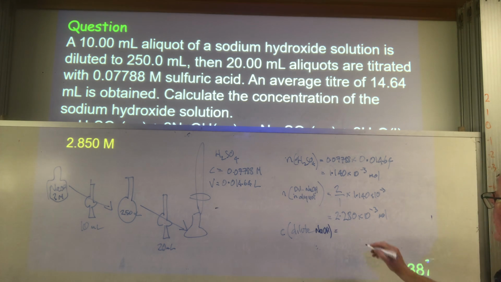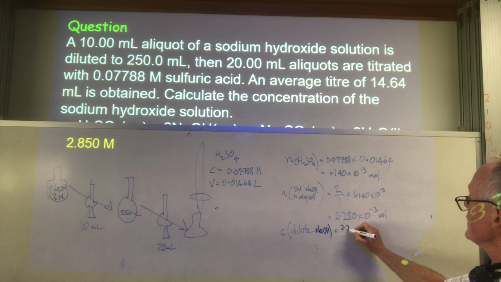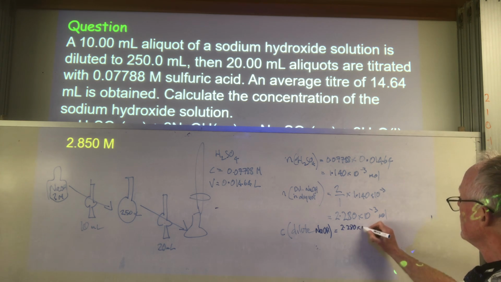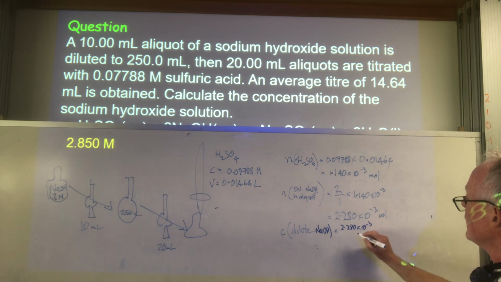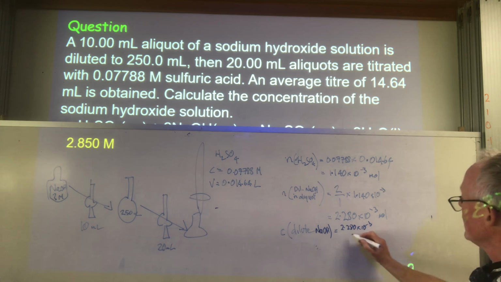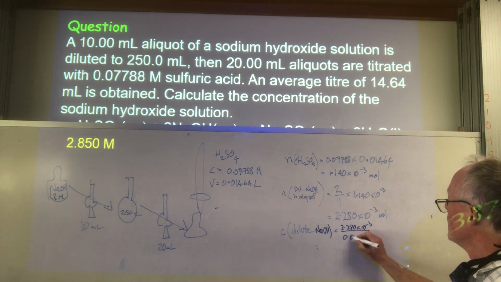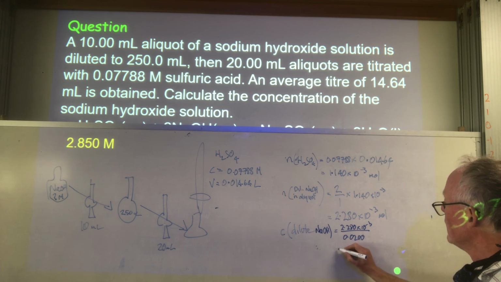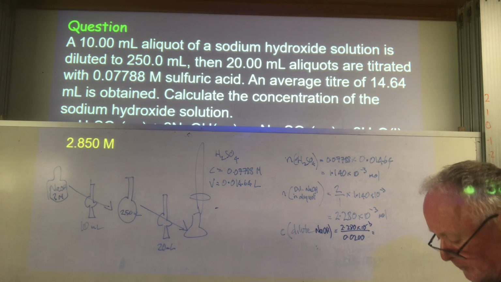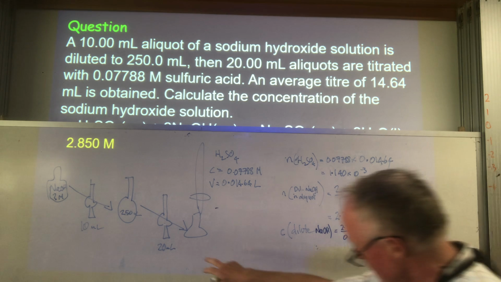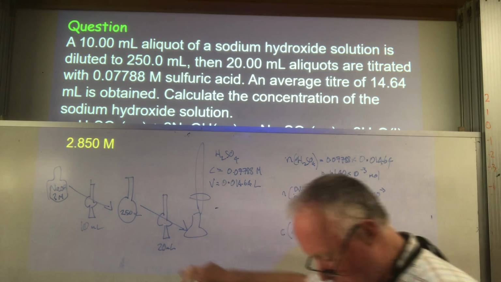So is it the moles divided by the concentration? Sorry, what am I saying? The moles divided by the volume. So it's the volume that we actually titrated.